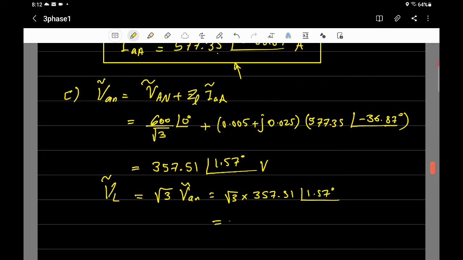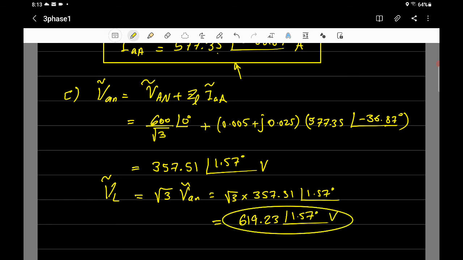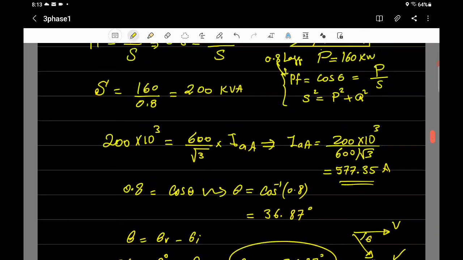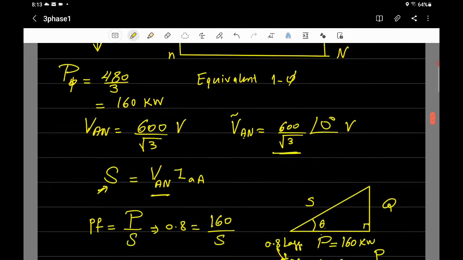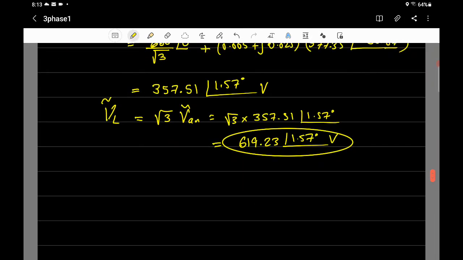If you evaluate this, you'll have 619.23, and the angle is 1.57 degree volts, and that will be your answer for this part. And that's it. So I think we did finish the problem. Let's check. Yes, we're done. That was a simple problem.